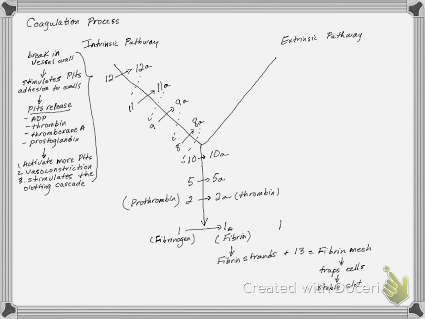Okay. And then later you have tissue plasminogen factor. So we're going to put this over here. Once that clot has served its purpose and we don't need it anymore, it will come and it'll break it up.